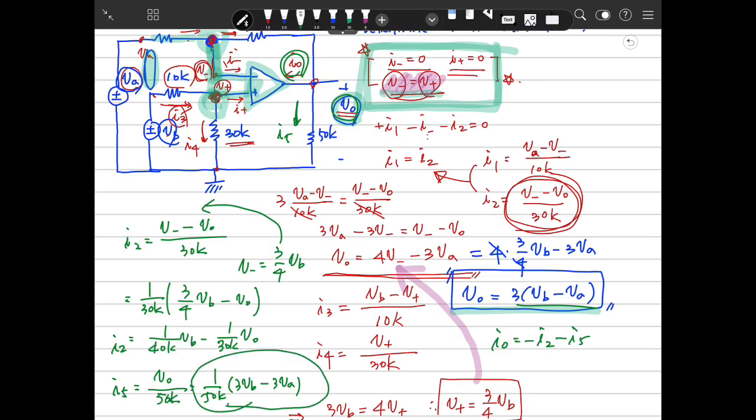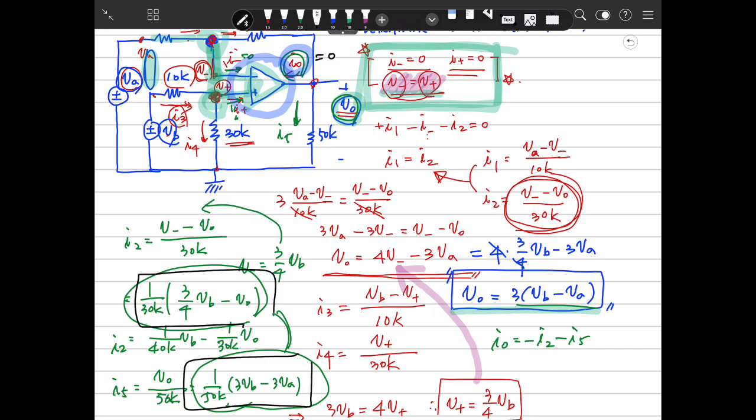So that value and that value, the sum will be IO. But we don't know how to say that current is 0, that current is 0. So if we apply the KCL here, then IO should be 0. But the sum of that value and that value is not 0. That means KCL is not applied at this point.